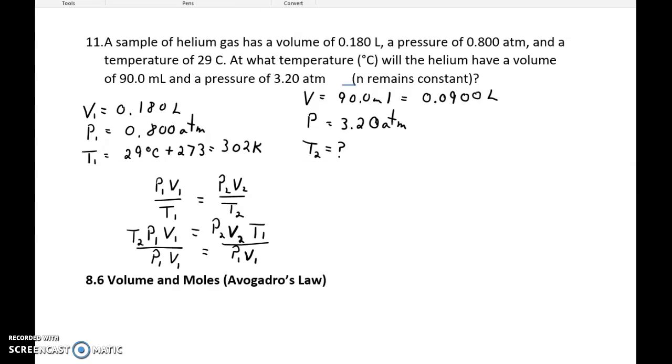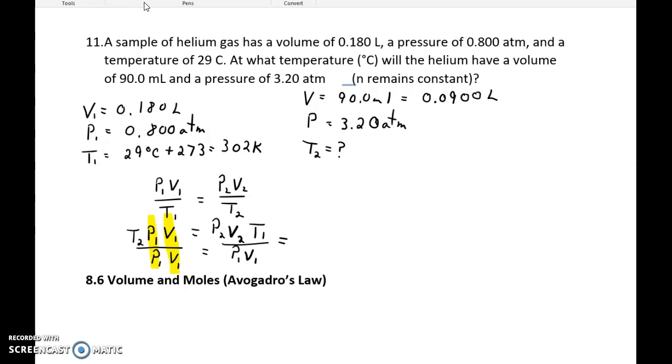That will make these cancel and these cancel, and I'll have T2 is equal to P2 V2 times T1 divided by P1 and V1. And then I can just substitute in.